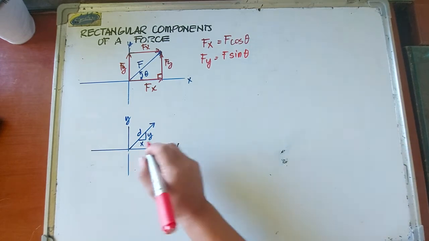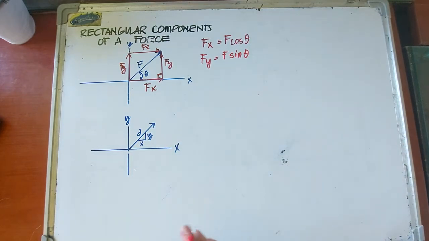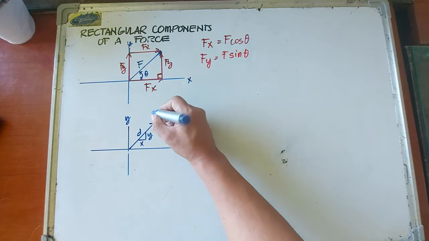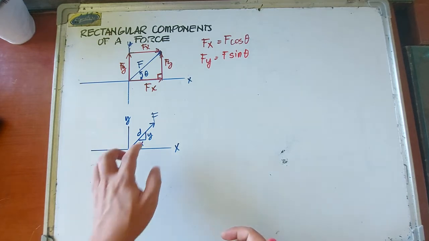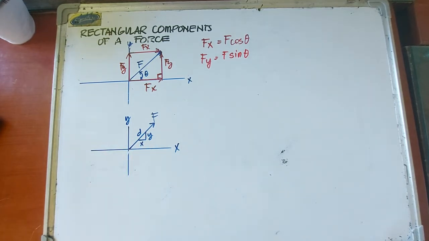Next, so what if the slope naman yung given, no? Slope, rise and run. So given ay rise and run. Tapos meron tayong hypotenuse na d. How do you solve for the components along x and y?